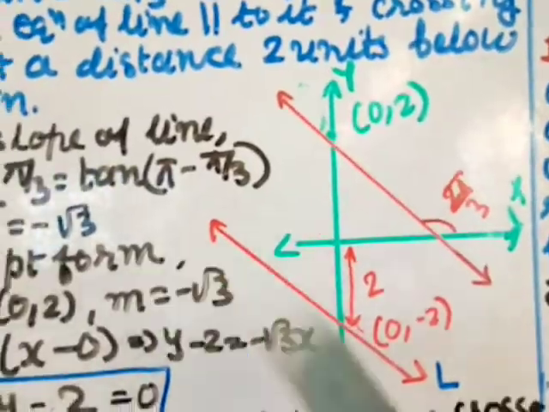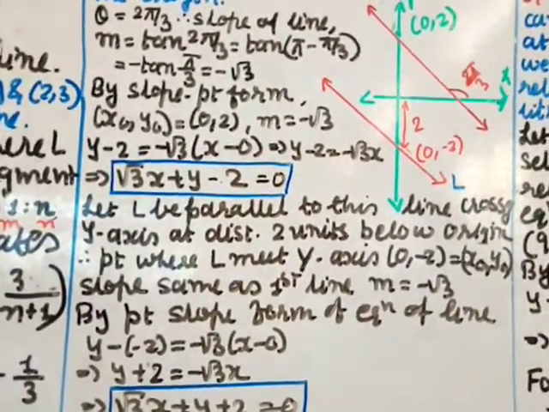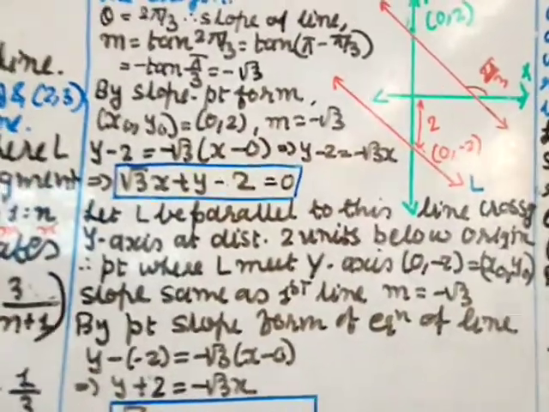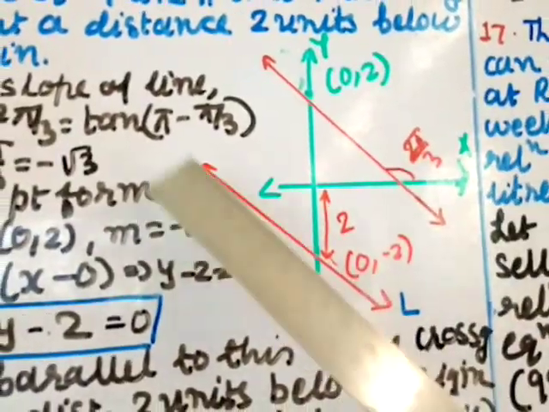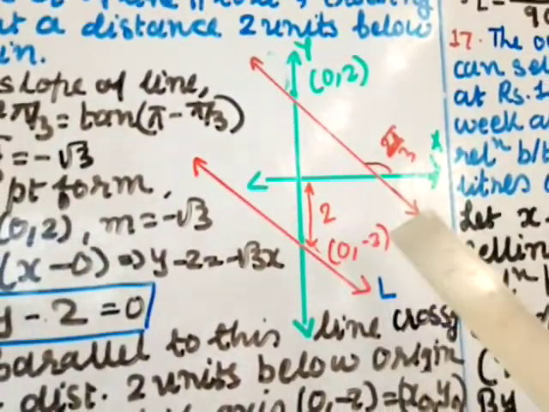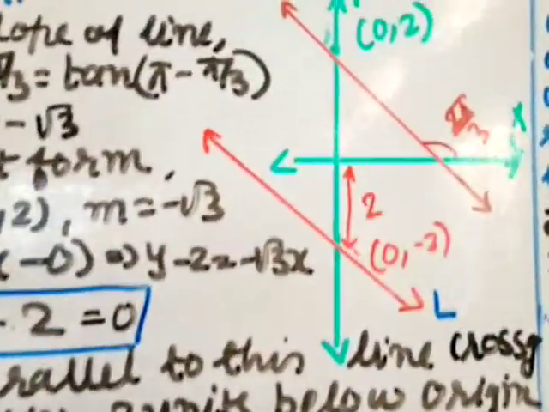Now you have to find the second line. Let L be parallel to this line. If two lines are parallel, then their slopes are equal. Since L is parallel to the first line, whatever the slope of that line was will be the same for L. The slope of the first line we found as minus root 3, so the slope of this also will be minus root 3.